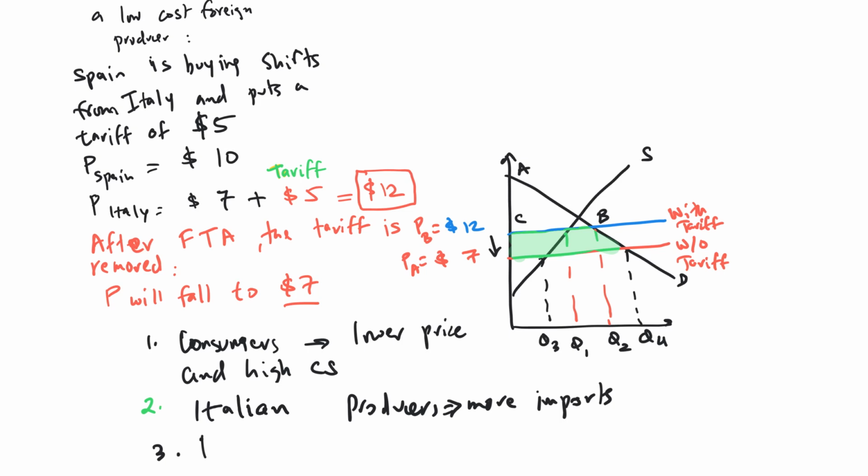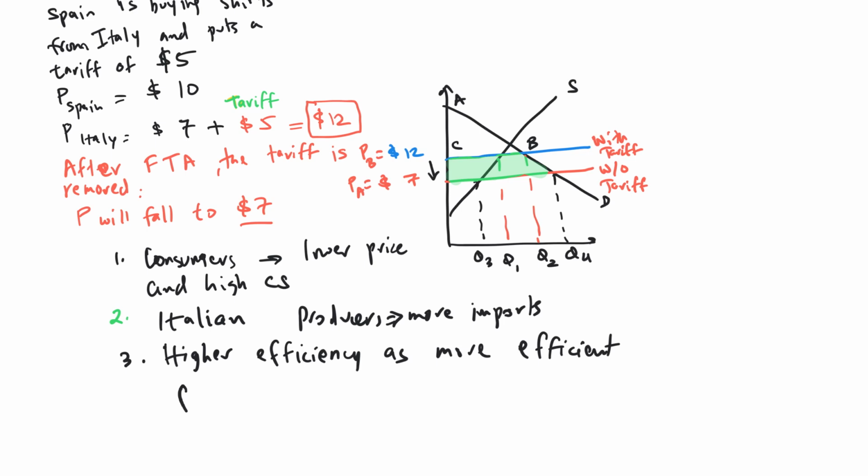And number 3, who will benefit? Your third party that will benefit will be your basically higher efficiency, as more efficient foreign producers are producing more.